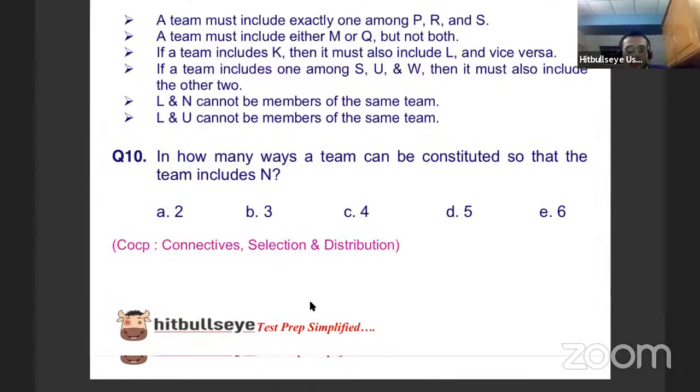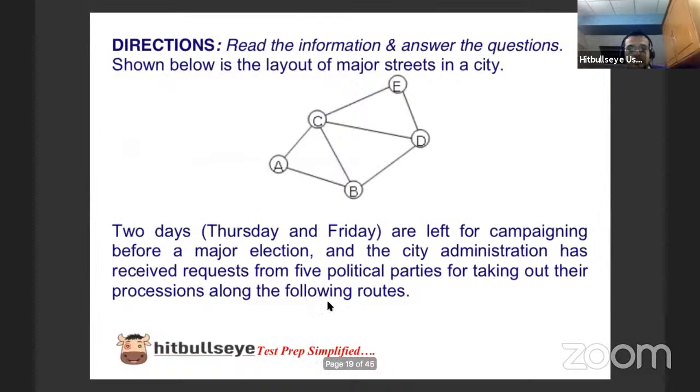Please solve this. Read the statement, we'll go to the questions.